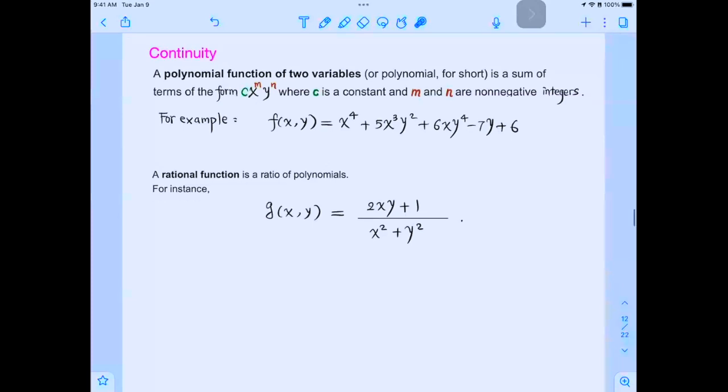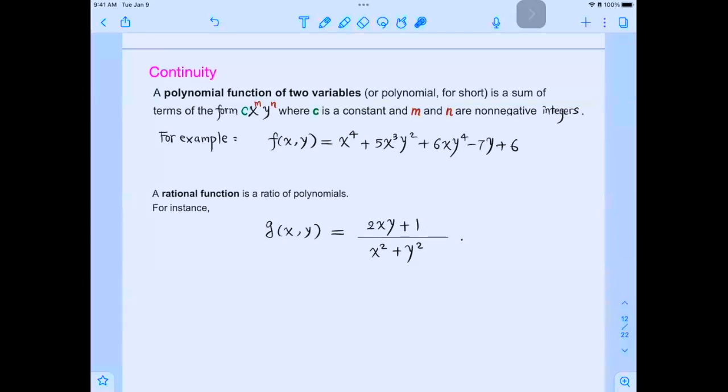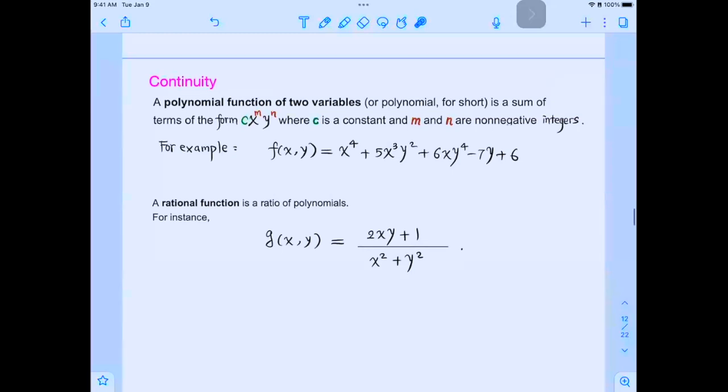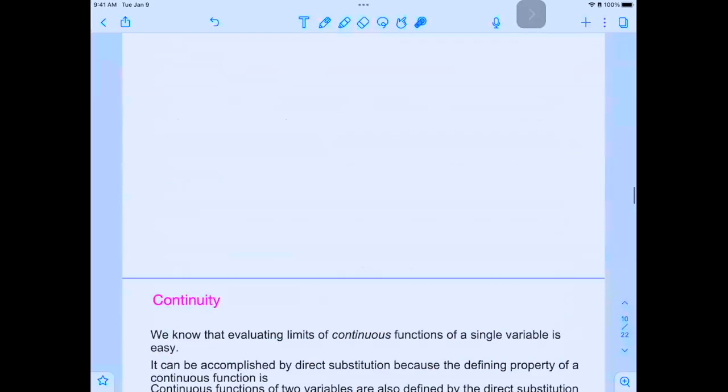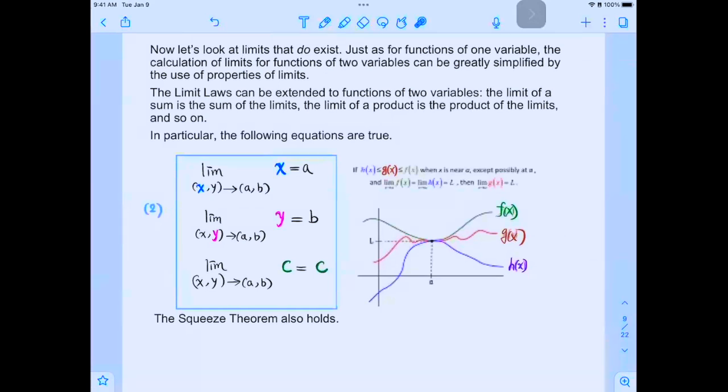What's the reason? What's the reason those will be continuous? Polynomial functions?